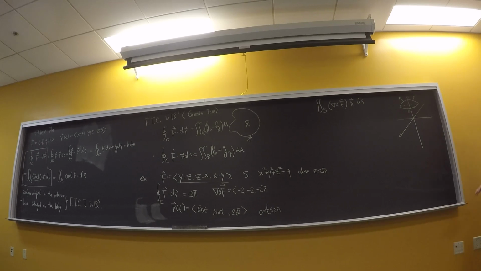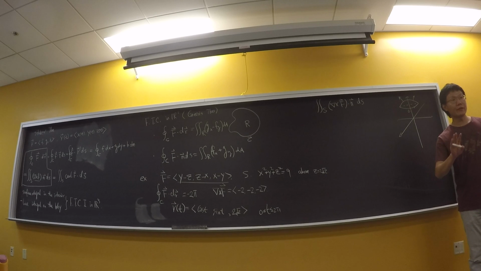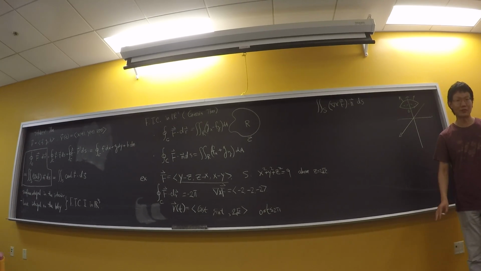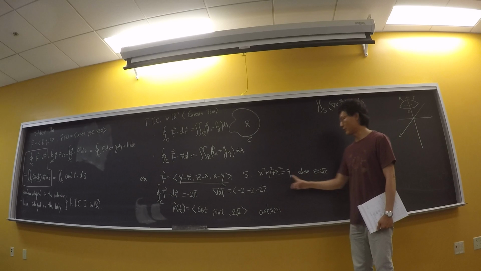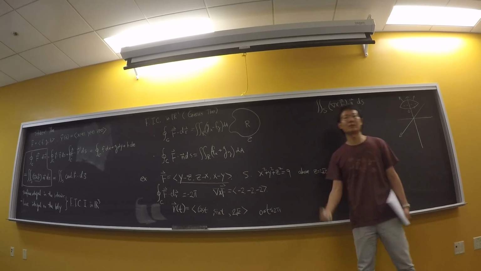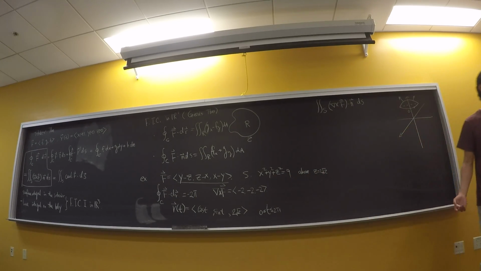If the parametric equations are already given in your problem, that is the best news, and you can use them directly. In most cases they are not given. They will just give you some conditions describing where the surface is, and you need to set up the parametric equations yourself. And this surface is a piece of sphere.